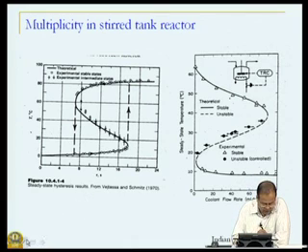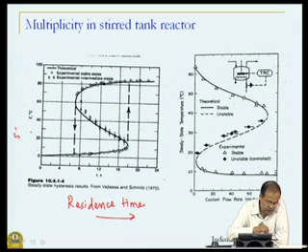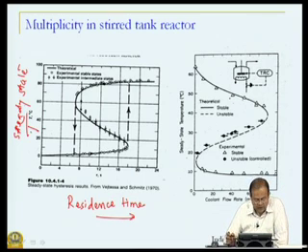On the x axis is the residence time, and on the y axis is the steady state temperature, and these dots for this exothermic reversible reaction are the experimental points.